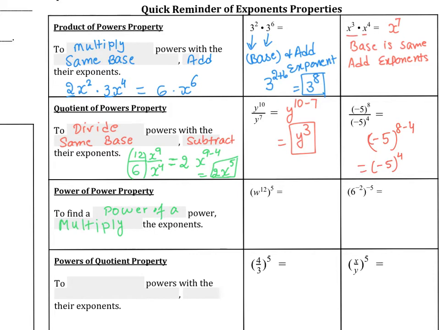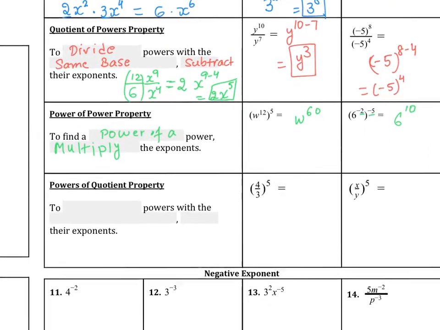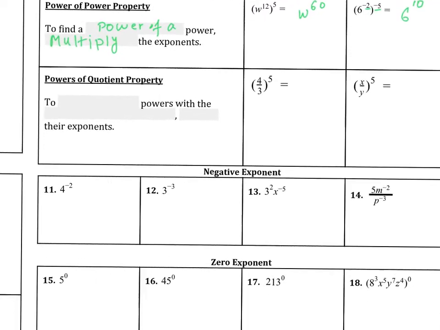Which means that 12 and 5 will multiply with each other, and you're going to get 60. And then negative 2 and negative 5 will be multiplied to each other, and it's going to be negative 2 times negative 5. That is 10.